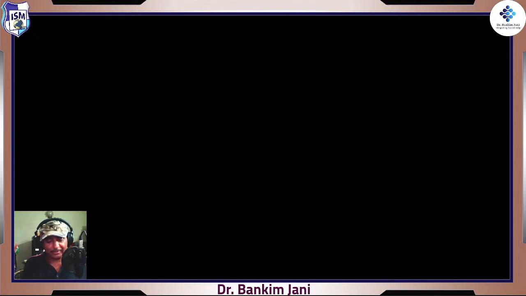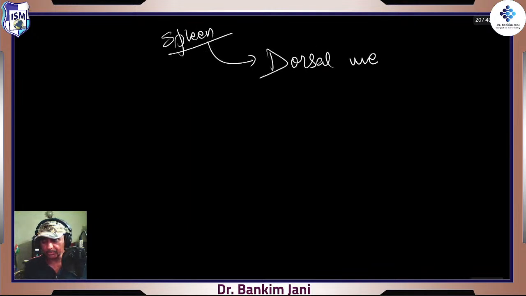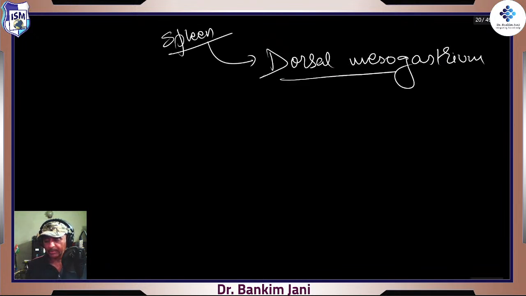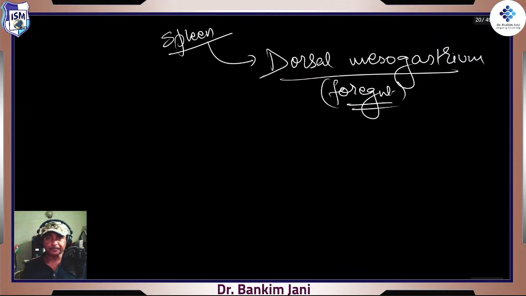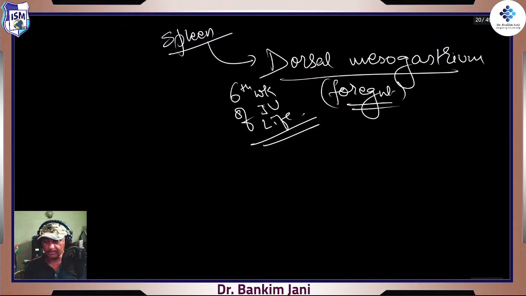What we just talked about, the spleen, develops in the dorsal mesogastrium, correct? We have talked about it in more detail, I think in the first or second film. That is for the foregut. This happens in the 6th week of intrauterine life, when things are going very well. The spleen does not develop as a single organ.